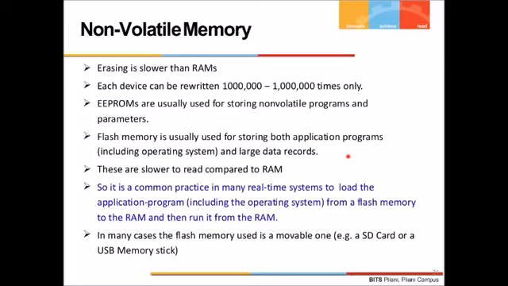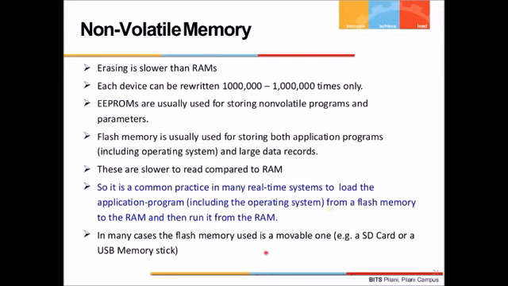By the way, the context here is embedded systems, that is, real-time systems. That's why I'm not talking about disk memory, because disk memories are usually present in general purpose systems. So it is a common practice in many real-time systems to load the application program, including the operating system, from flash memory to the RAM and then run it from the RAM.